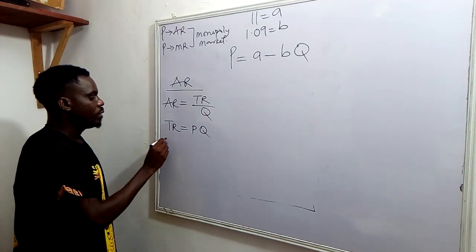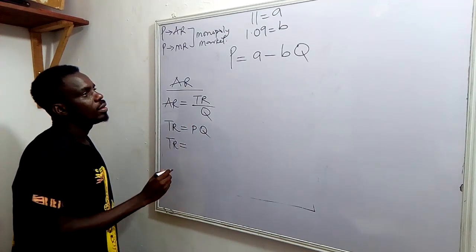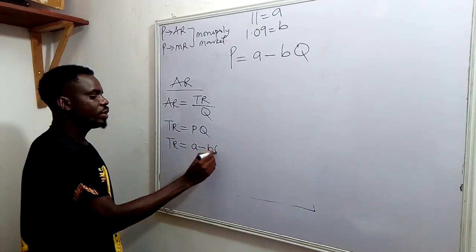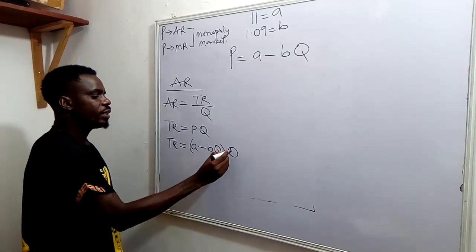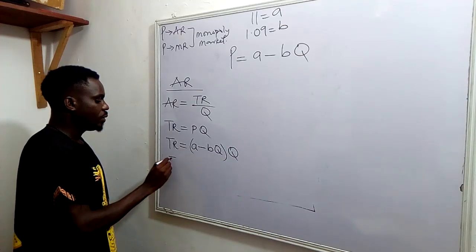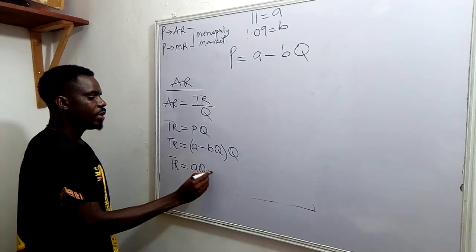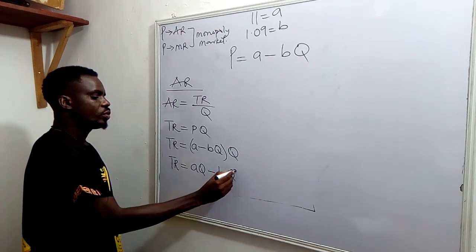As such, total revenue is price, which is A minus BQ, multiplied by Q. Then total revenue is AQ minus BQ squared.